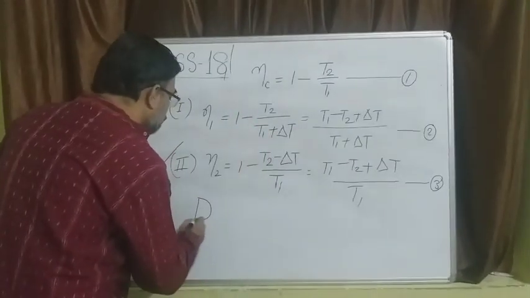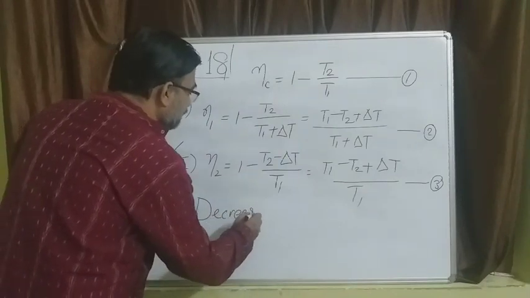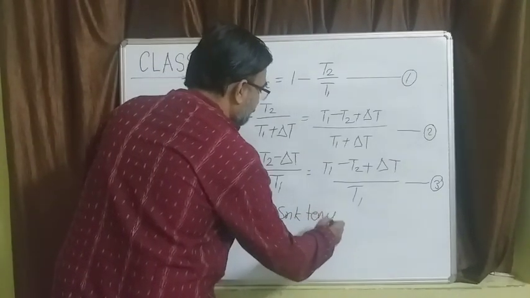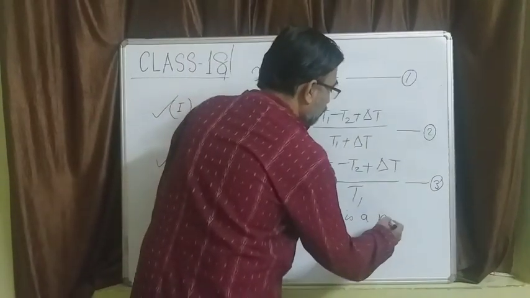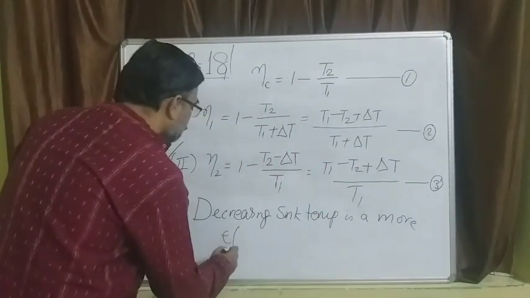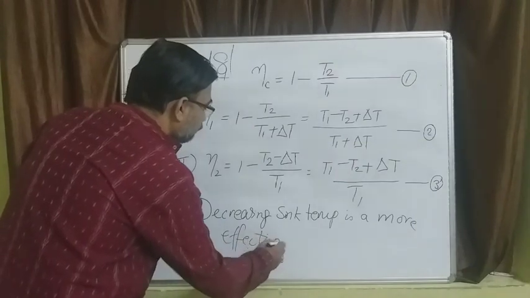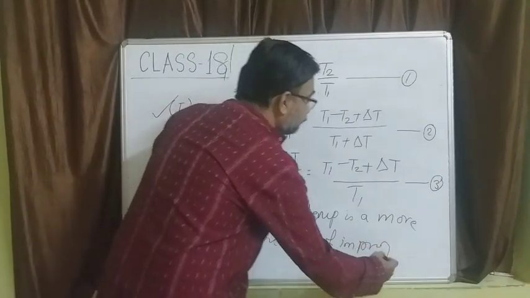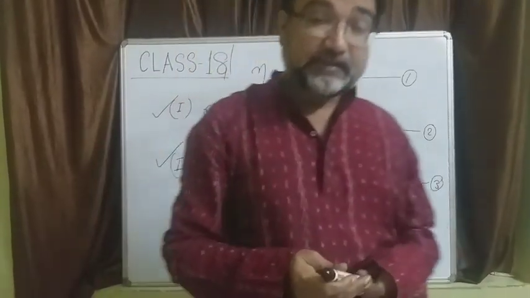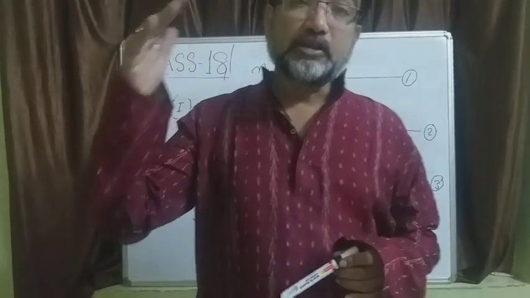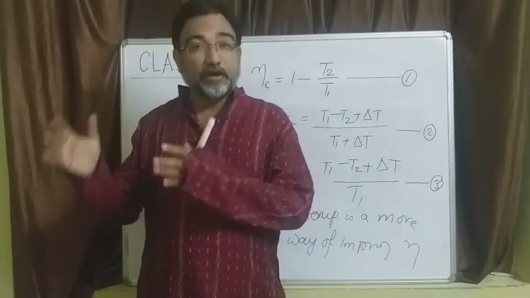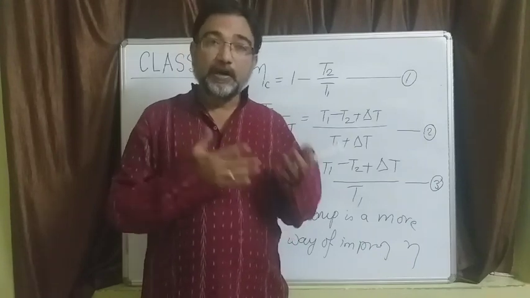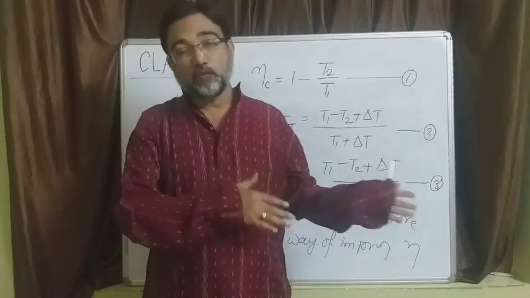So decreasing the sink temperature while keeping the source temperature constant is a more effective way of improving the Carnot cycle efficiency compared to increasing T1 while keeping T2 constant.